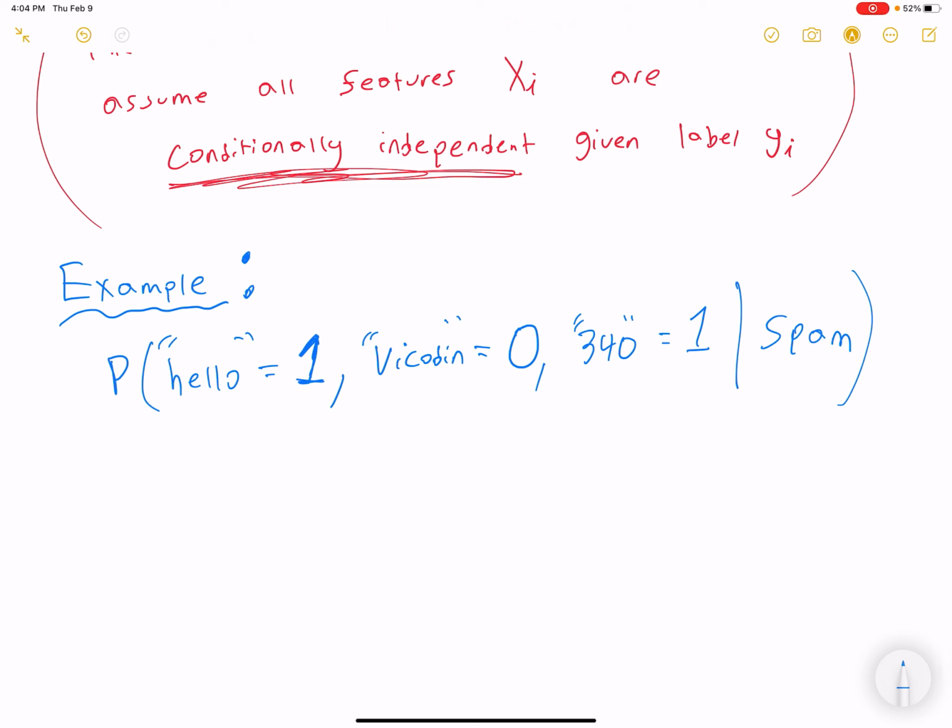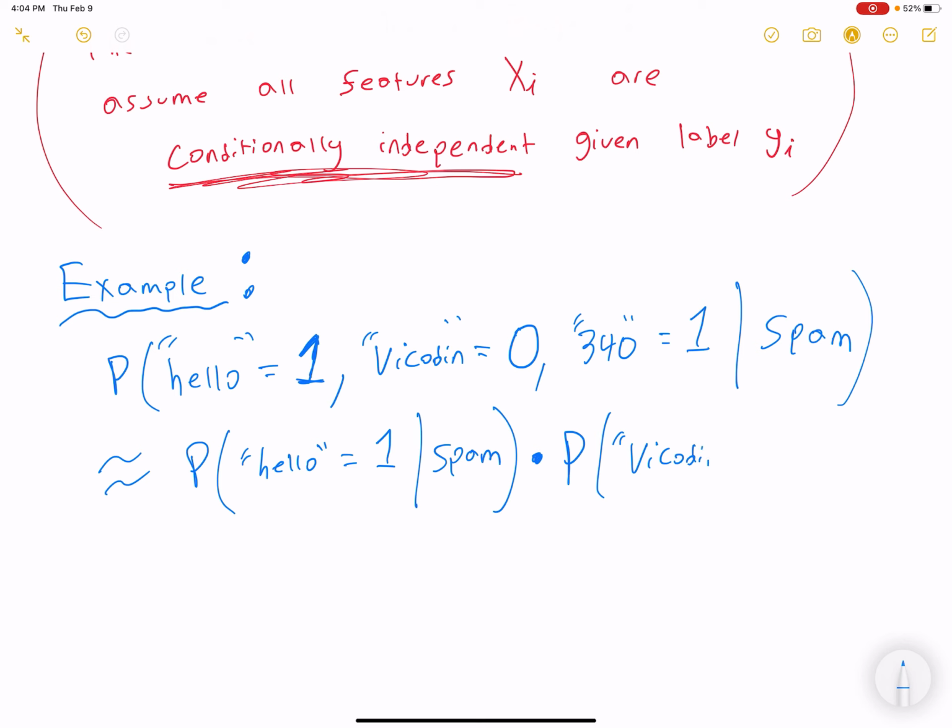That would be, under conditional independence, the probability that hello is in the email given spam, times, so we're multiplying them out, but they're only independent conditional on spam, the probability that Vicodin is equal to 0 given spam, times the probability that 340 is in the email given that it's a spam message.